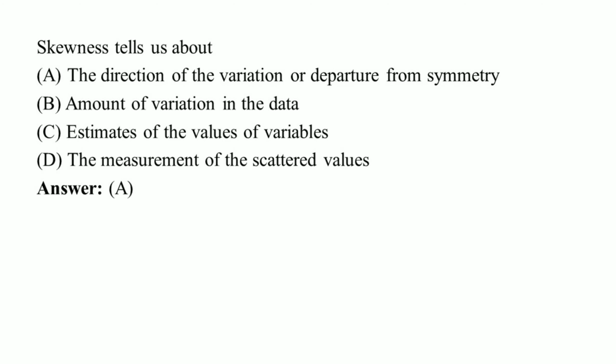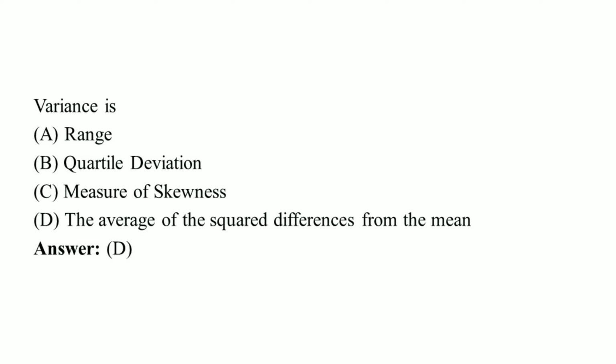Next one, skewness tells us about, right answer option A, the direction of the variation or departure from symmetry. Quota sampling is the method of, right answer option A, non-probability sampling. Next one, variance is the average of the square difference from the mean.